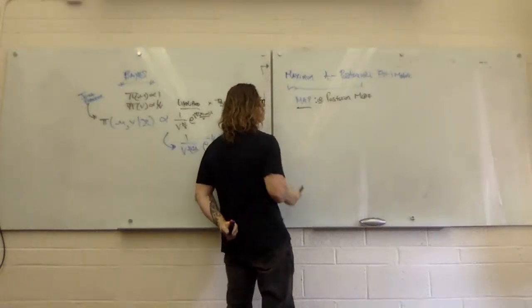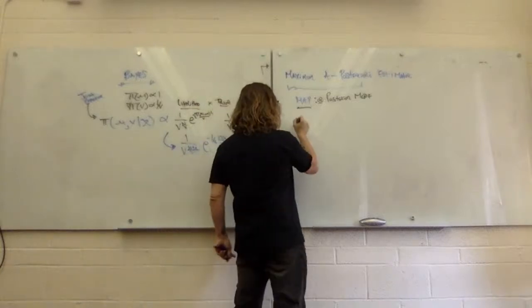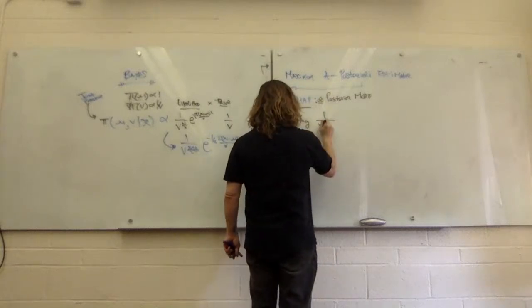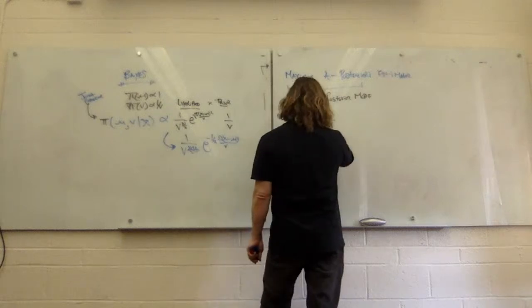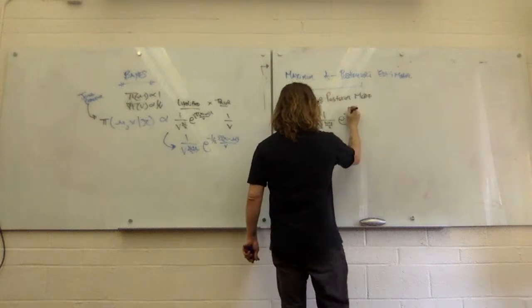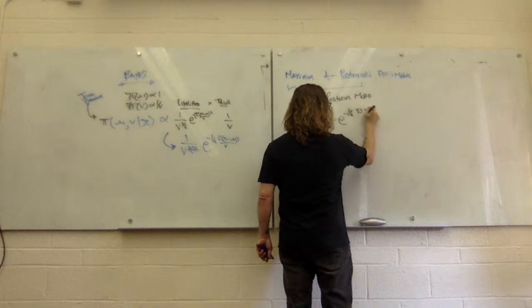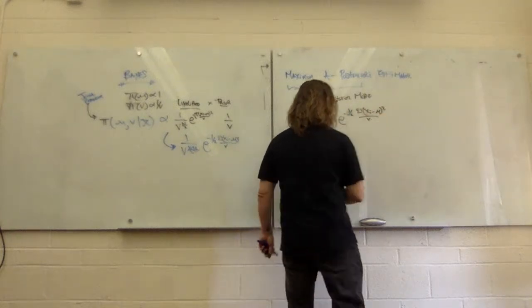I'm going to take a logarithm of it because it'll make the math easier. So what I want to do is look at the log of this function, 1 over v to the (n plus 2) over 2, e to the minus 1/2 sum of the xi's minus mu squared over v.